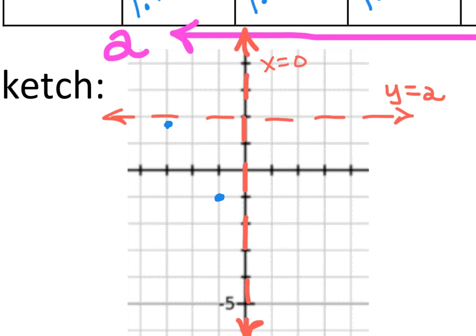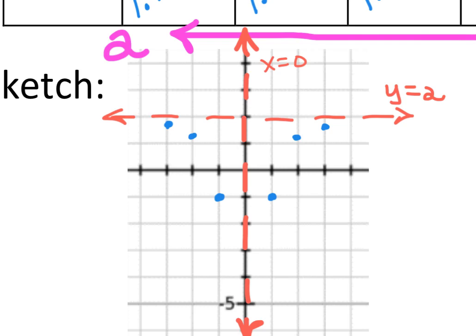That should give me the general shape. If I wanted the -2 5/4, that would be about there. And that gives me the general shape of the graph, and then I can just mirror those points over here. Something like that.